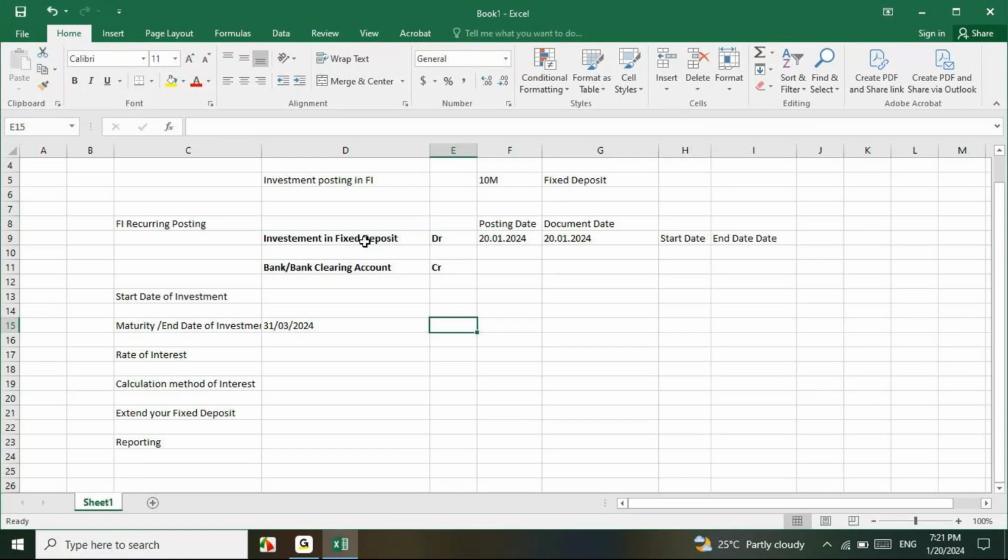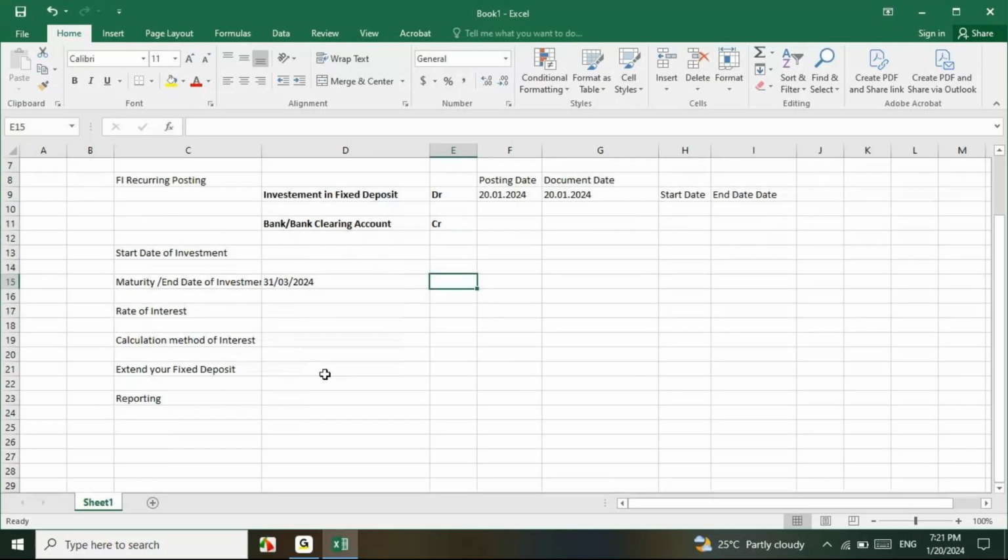Now, if you forget to do that because of any reason, there will be no accounting posting. If you do not do the accounting posting manually, it will impact your financials. When you have only the FI module implemented, everything has to be done manually.